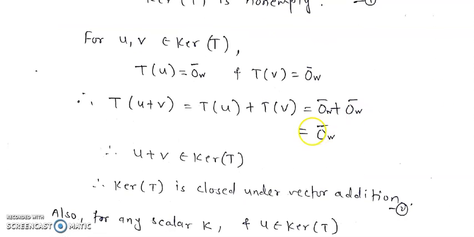And here we get T of u plus v equal to zero vector of W, and hence u plus v belongs to kernel of T, and therefore kernel of T is closed under vector addition.